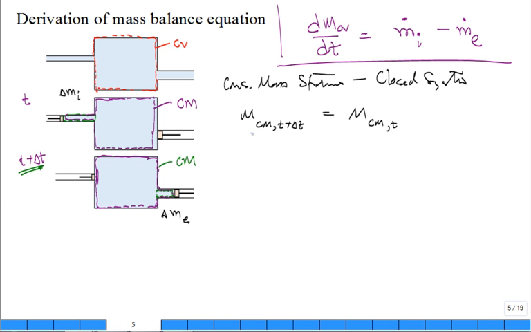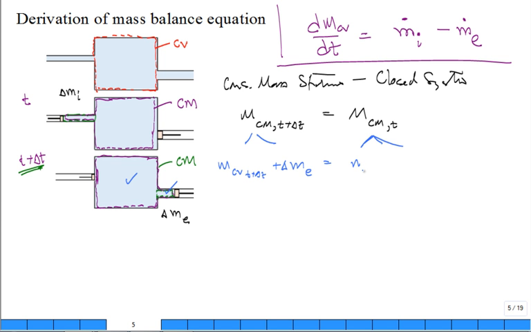You say this part can be busted into two components. It's the mass in the control volume at time t plus delta t, plus the mass that came out, that exited. The combination of this part and that part is the total. You do the same thing over here. You say two parts.